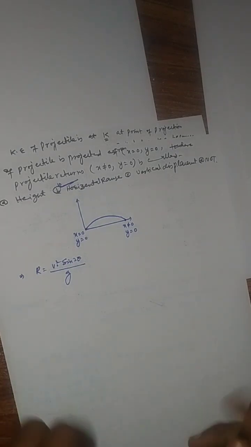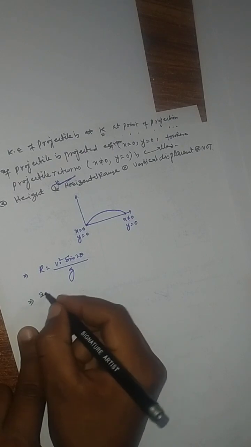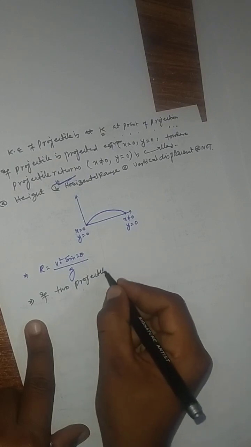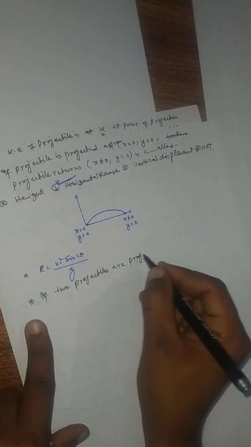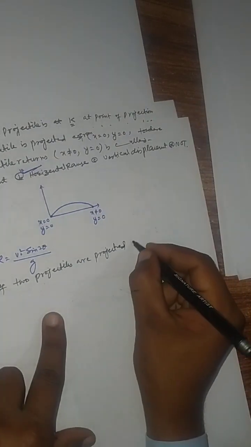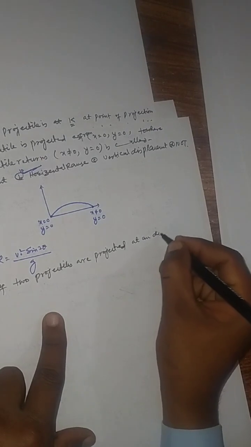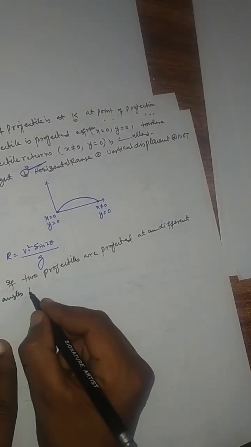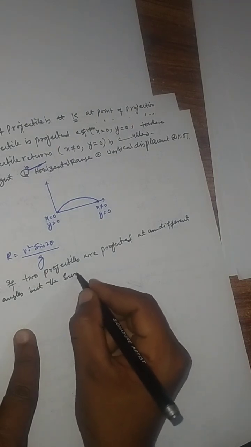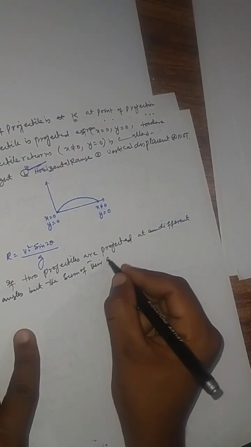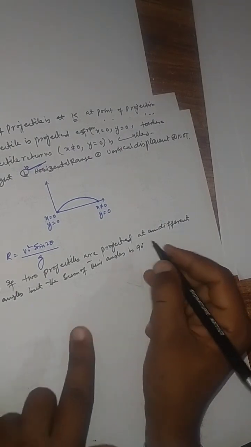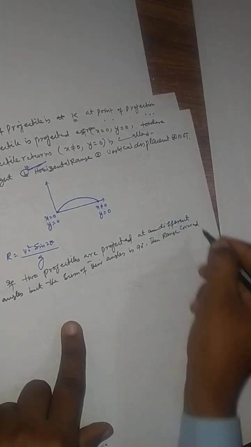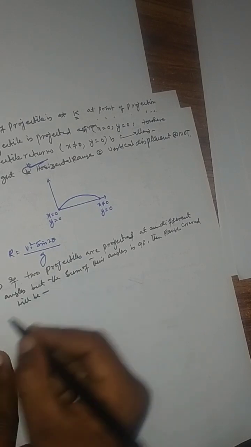If we take, let's say, two projectiles are projected at different angles but the sum of their angles is 90, then range covered will be, range covered क्या होगी?